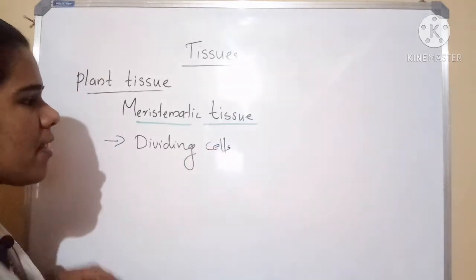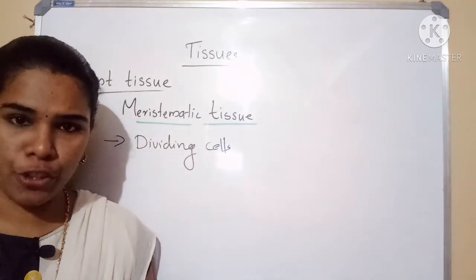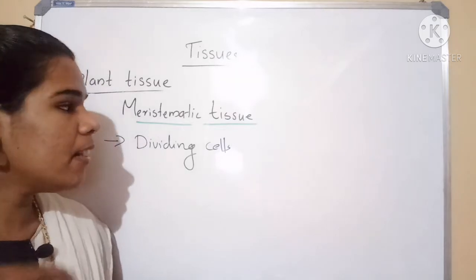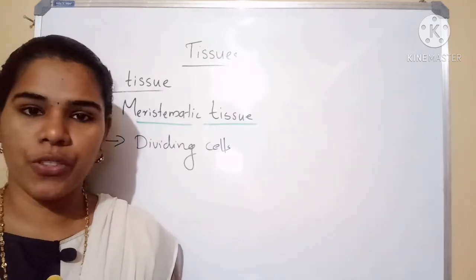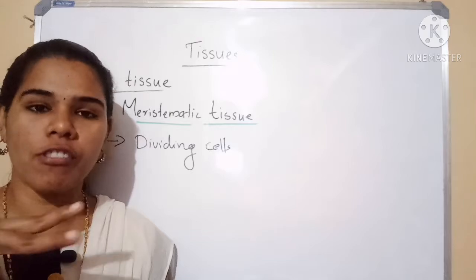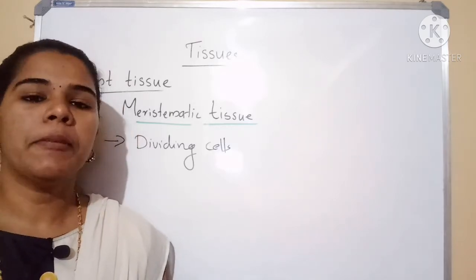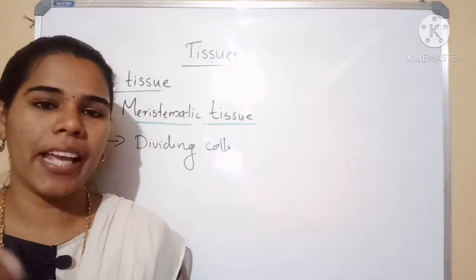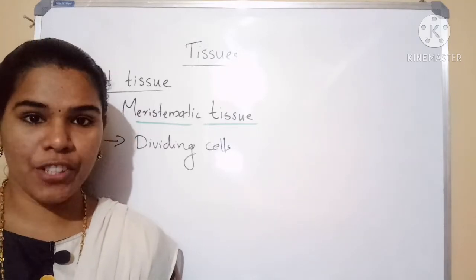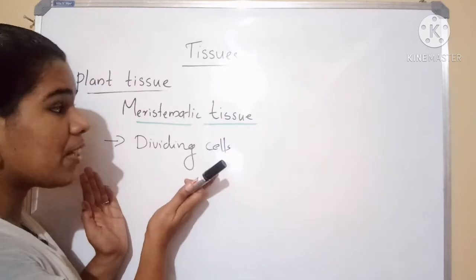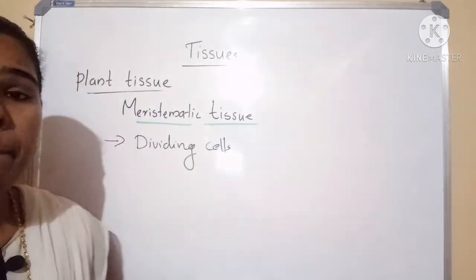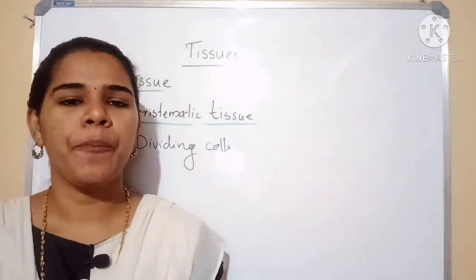Because of the presence of meristematic tissues, plants can regain their structure. When we cut the plant leaf or stem or any part of the plant, what happens? Within a few days or months, it can regain its structure because of the presence of these dividing cells. These dividing cells are called meristematic tissue.